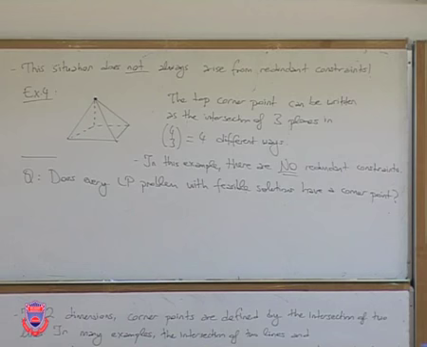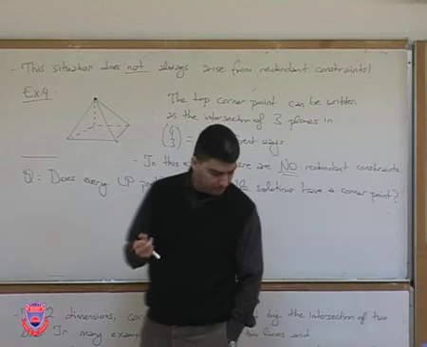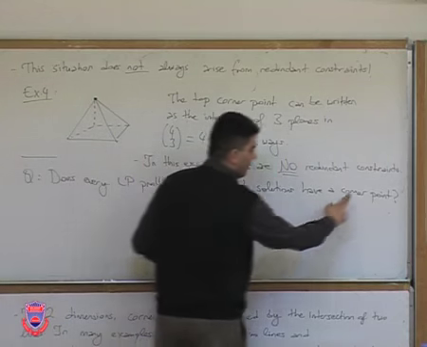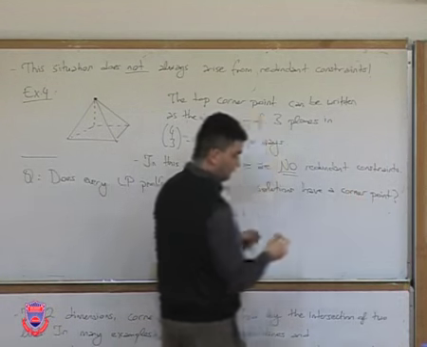Okay. So my question is, is it true for every LP problem? So is it necessarily true that if I have an LP problem and if my LP problem has feasible solutions, then there will be at least one corner point? So is it necessarily true that every LP problem always has a corner point?